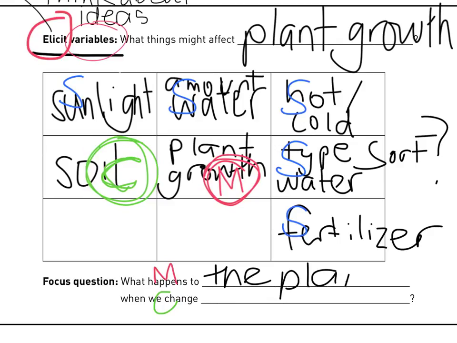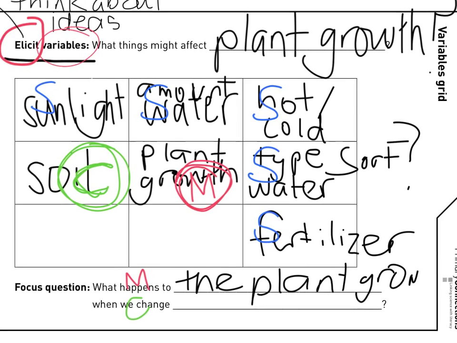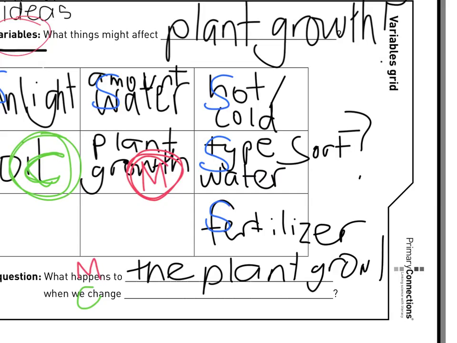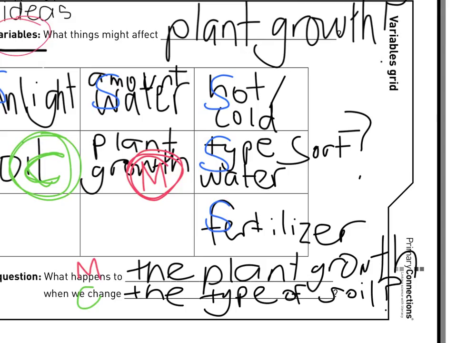Gosh, it's hard to write neat on these things. The plant growth, when we change, what are we changing? The type of soil. And that is a question. I'll put that there. Excuse the messiness.